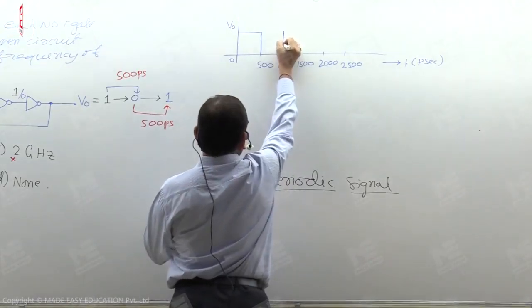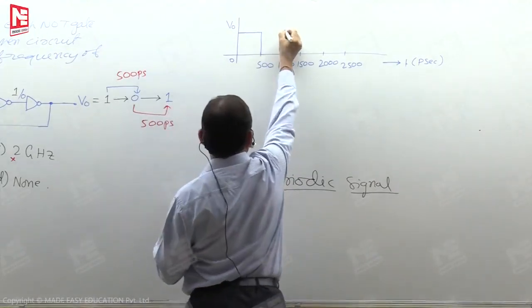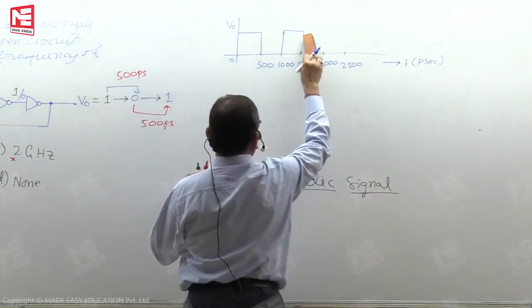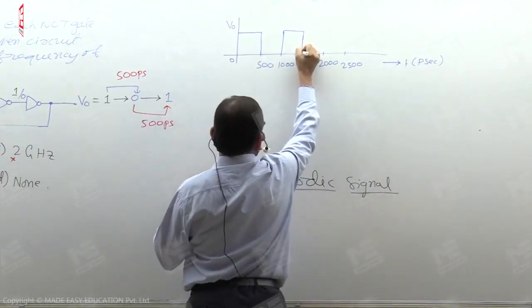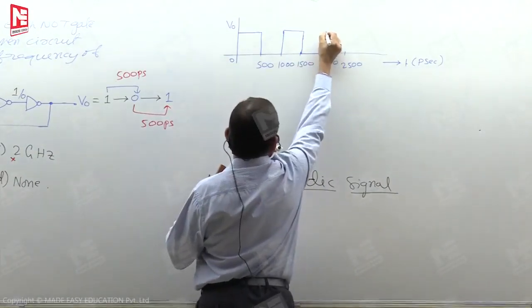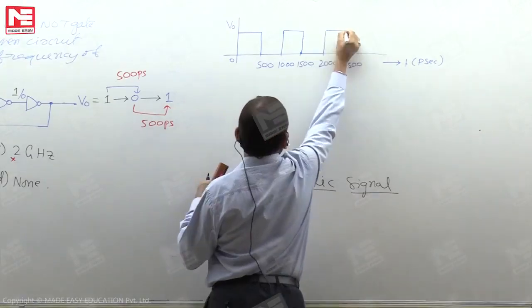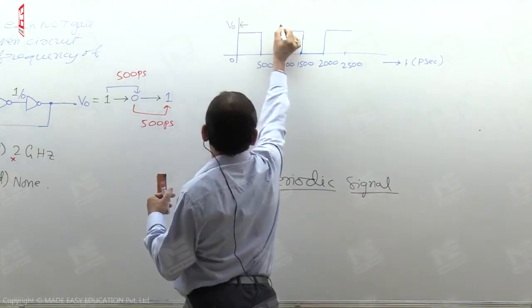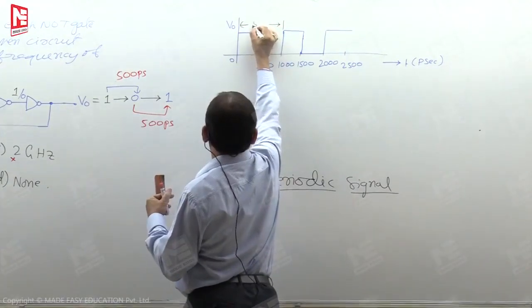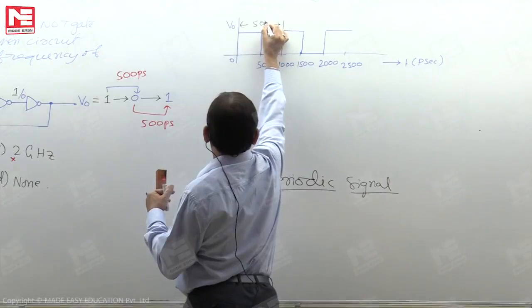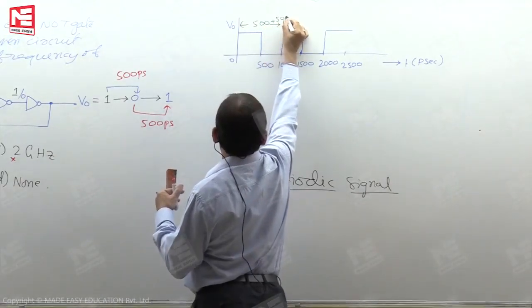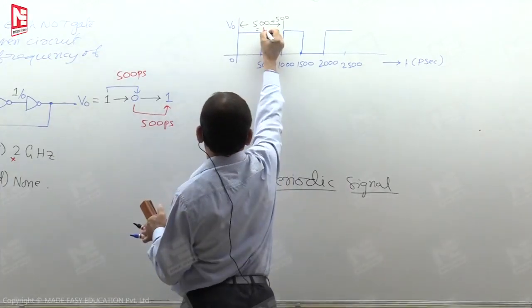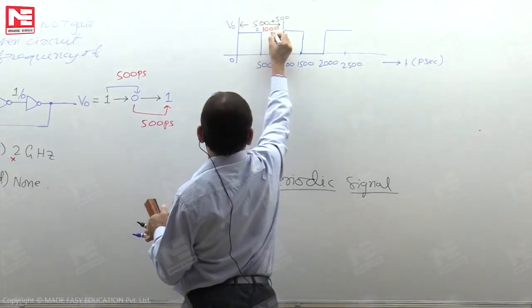So as a waveform, it is back to 1 after 1000 picoseconds. If you look like this, the same waveform is repeating. So from this we recognize the time period of the waveform is 500 plus 500, so the time period is 1000 picoseconds.